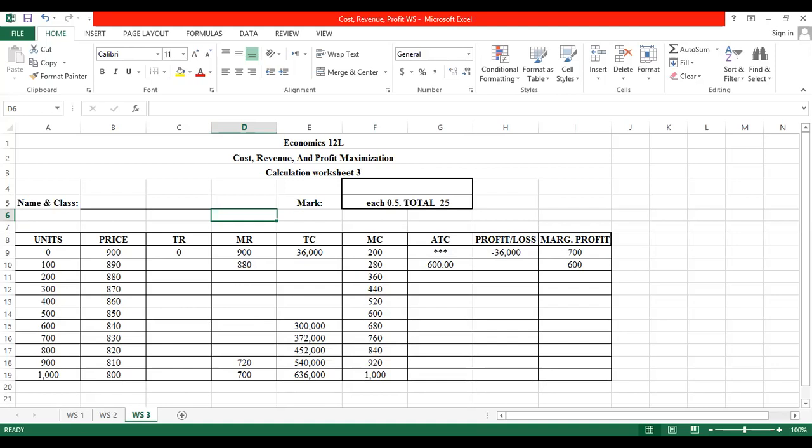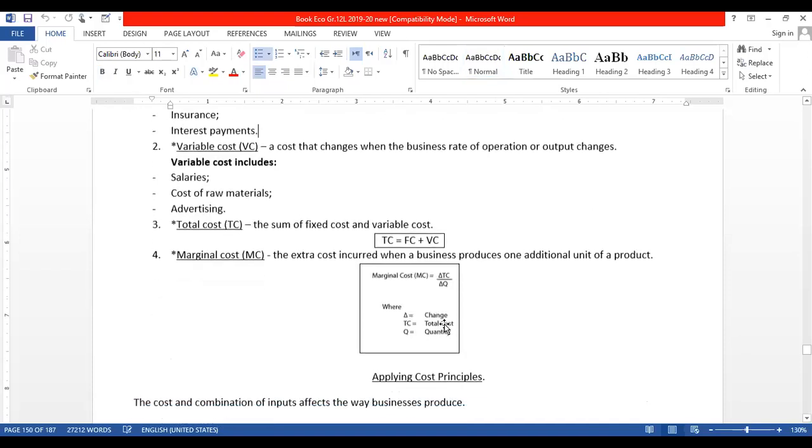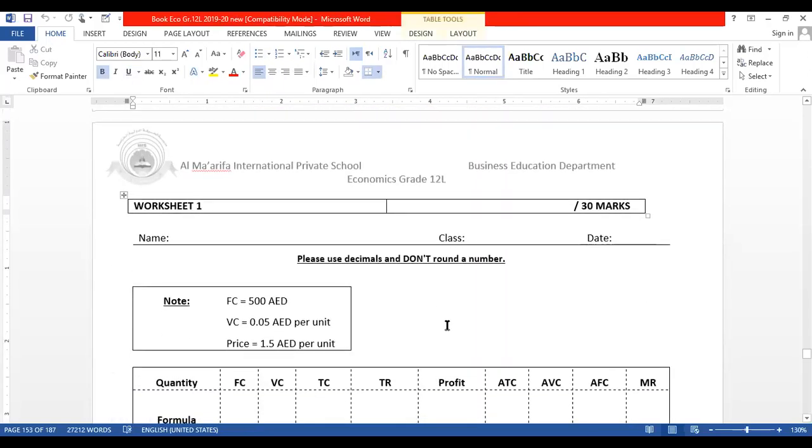I will just share it. In the economic book, we have the theoretical part on page 150, and once the theoretical part is done, we have worksheet calculation.